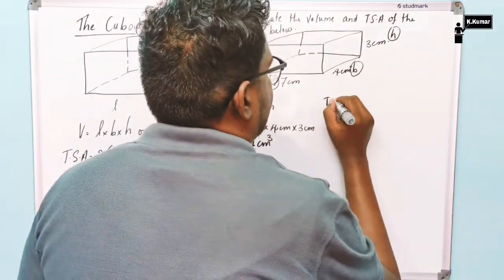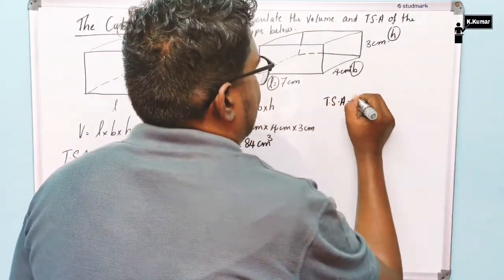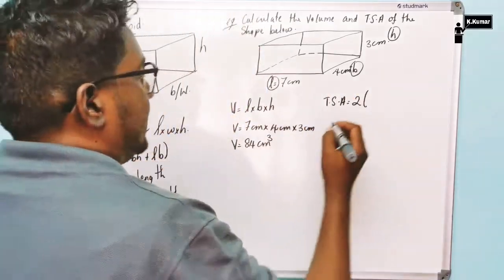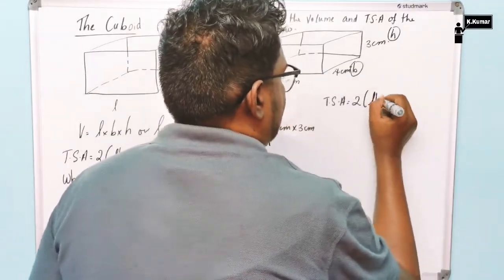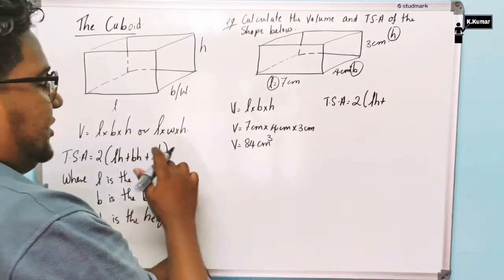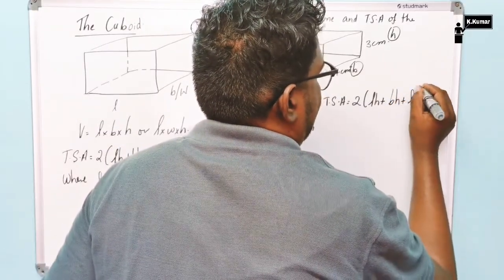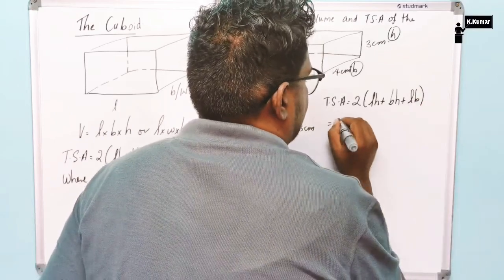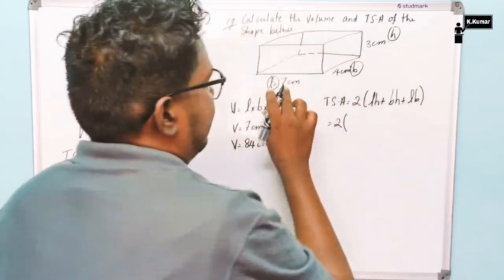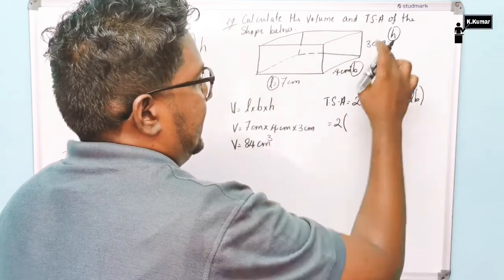Total surface area is equal to 2 into LH plus BH plus LB. This is going to be 2 into the length, 7, times the height, which is 3.